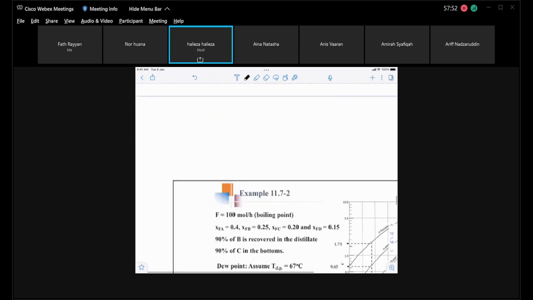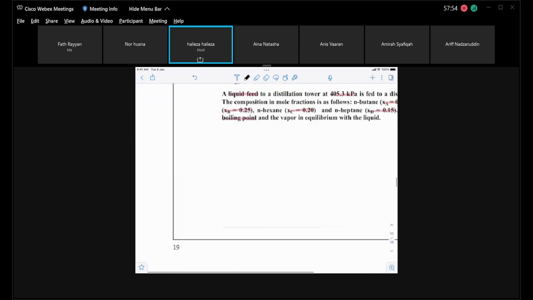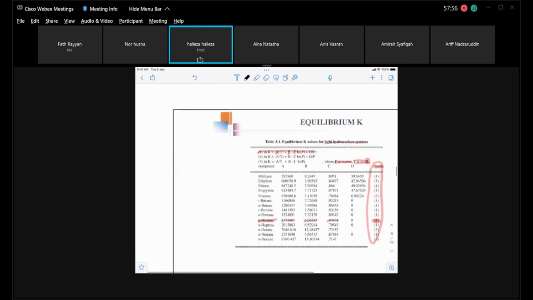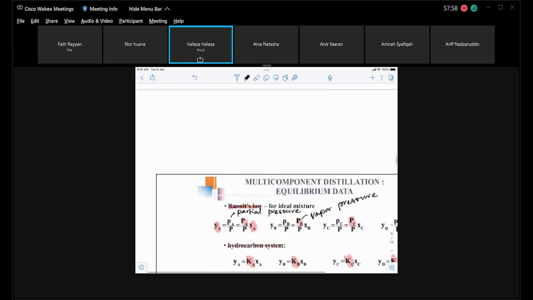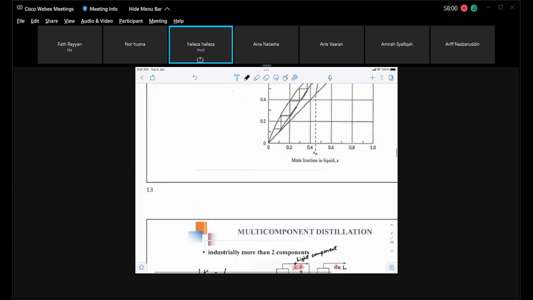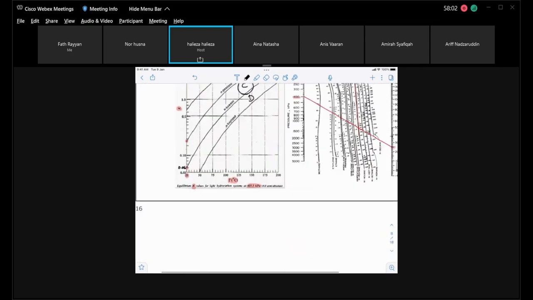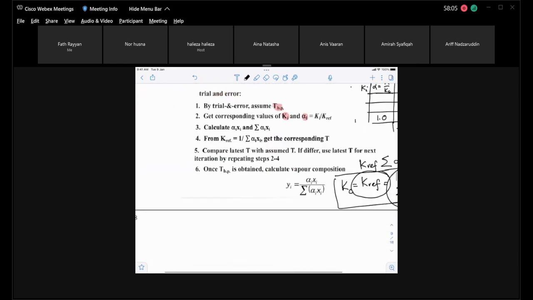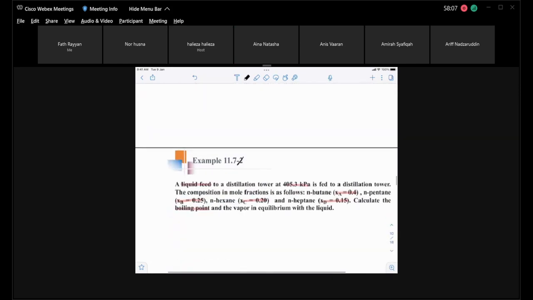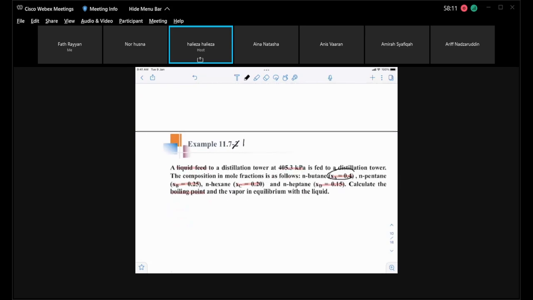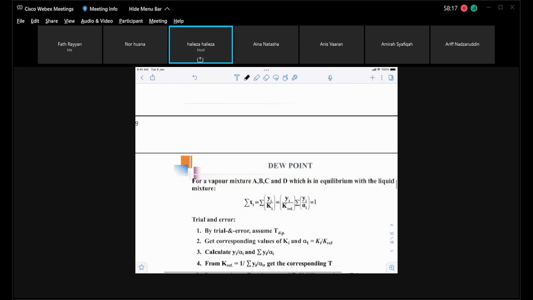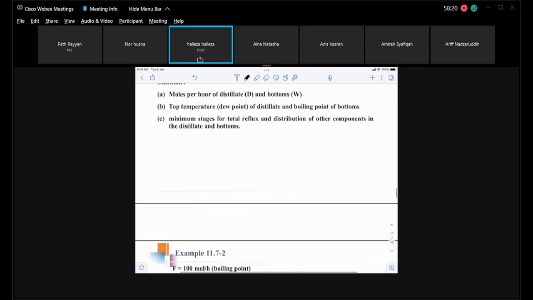The example that I referred to earlier should be 11.71, I must have made a typo there. So I should be looking at this composition for the boiling point if I'm looking at example 11.71. But the solution that I have here in the slide is for example 11.72. That's where my mistake is.